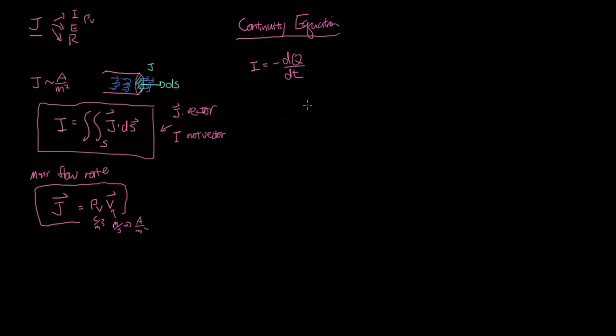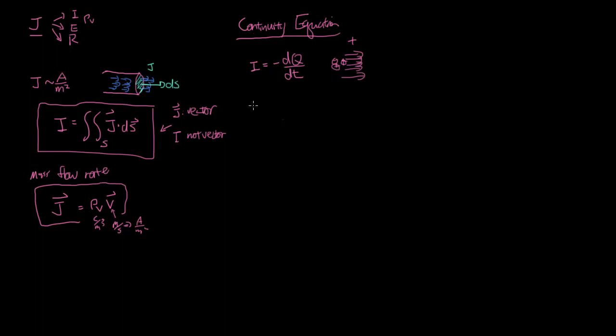Or to put it another way, if I have a bunch of positive charges and I'm throwing them out, that's positive current going this way, and so the amount of charge that I have sitting here is going to be decreasing. So if I'm shooting out positive charges, the total amount of positive charge I have is going down, and we define that as positive current, so that's why we have a negative sign here.